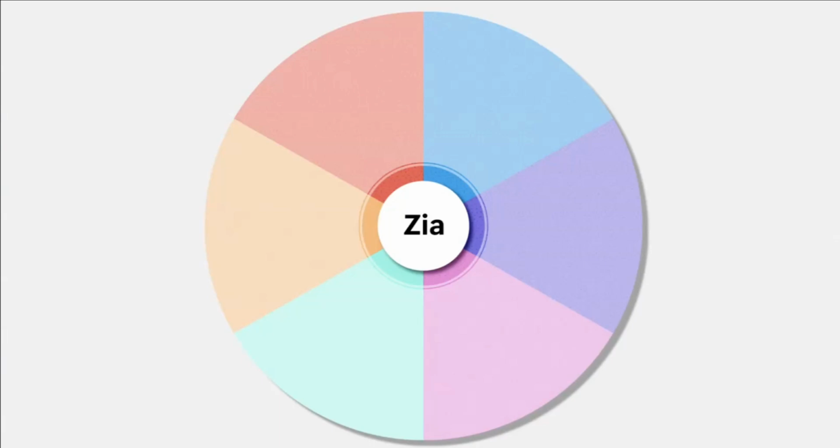Zia's key features fall into 6 primary categories. Each category is meticulously designed to turbocharge your CRM usage and help your business succeed. In customer engagement and retention, Zia's AI tools increase engagement and retention by offering personalized experiences and interactions.